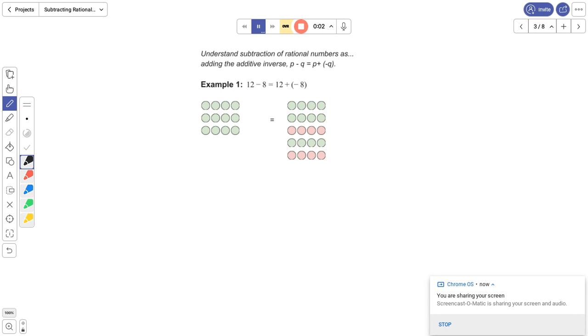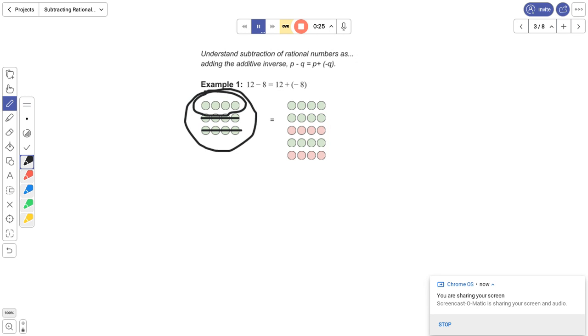Using the same example, I'd like to show that subtracting is really the same thing as adding the additive inverse. So first things first, on the left-hand side, I'd like to show that if I start with 12 positive chips, I can take away, or subtract, 8 chips. So here's 4 plus 4 more.